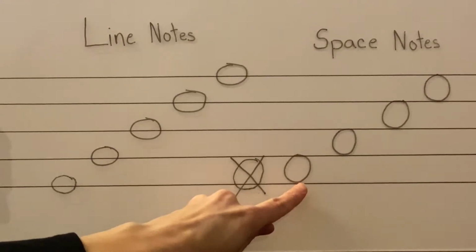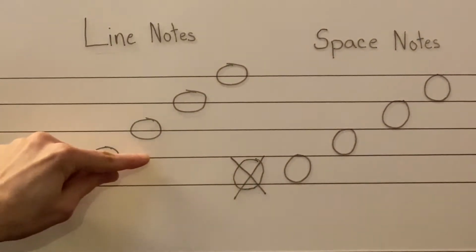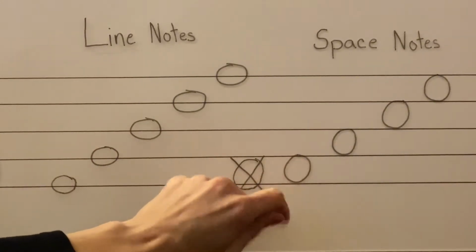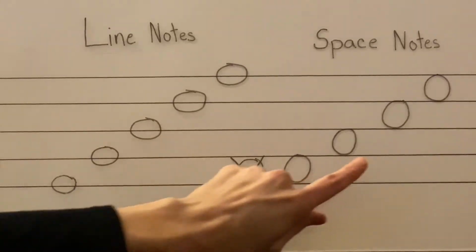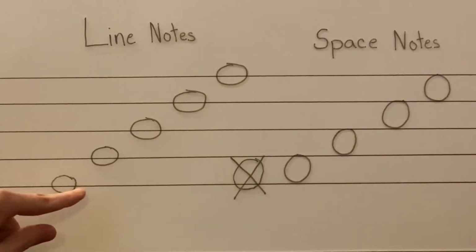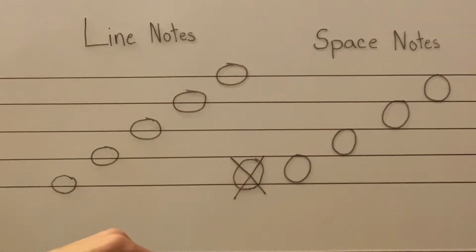We don't want to have any confusion, so we want to make sure our line notes, the line goes right through the middle of the note head. Our space notes completely fill the space. Now we have 4 different space notes up here, and 5 line notes.